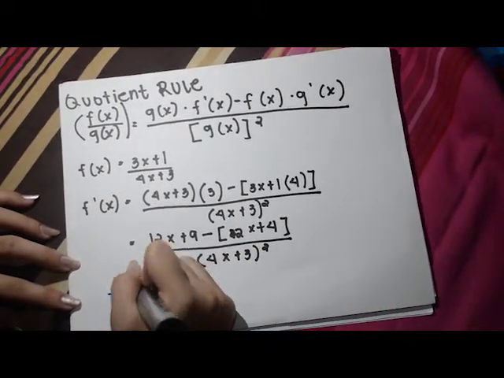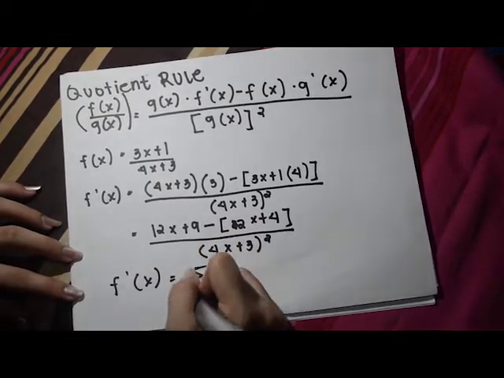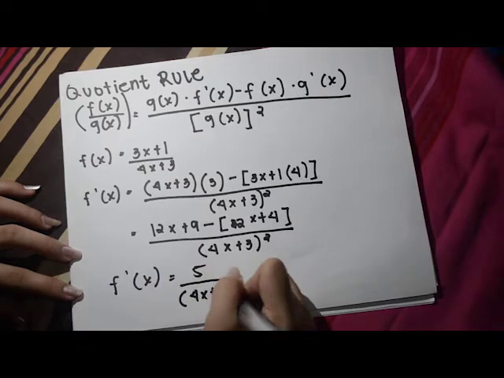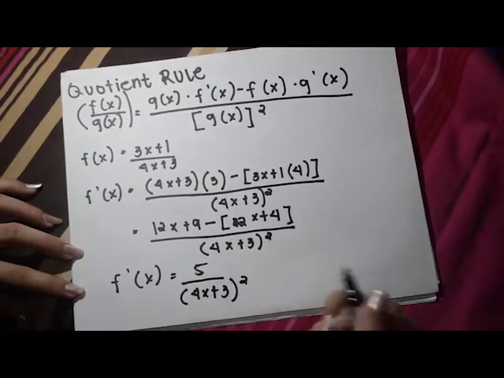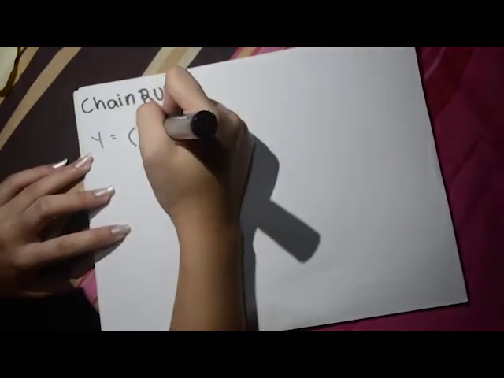And then we'll combine like terms, which will become the derivative of f of x is equal to 5 over 4x plus 3 squared. Next is the chain rule, which is a rule for differentiating compositions of functions.